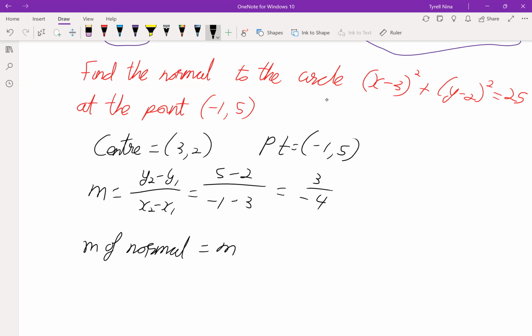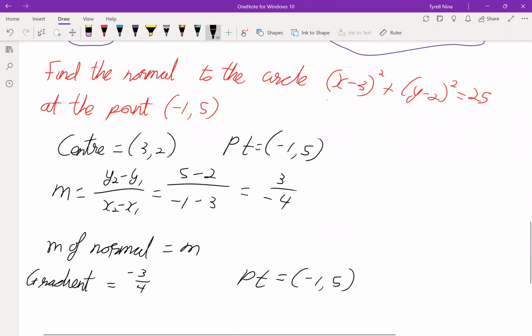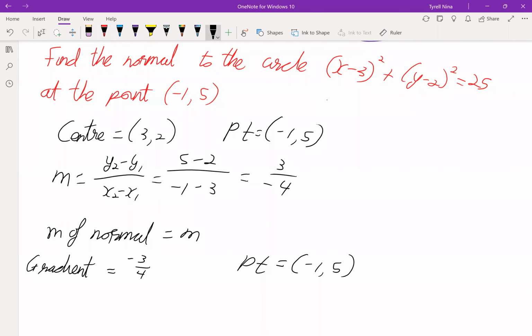So now we have the gradient of the normal, which is -3/4. And we have the point on the normal, which is -1, 5. So now we could use y minus y1 equal to m into x minus x1. Don't forget this formula.